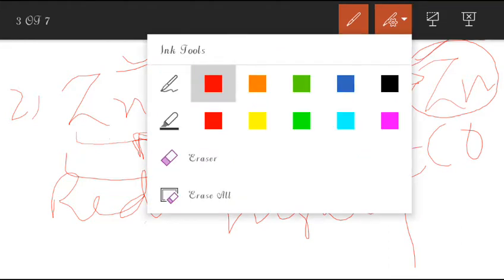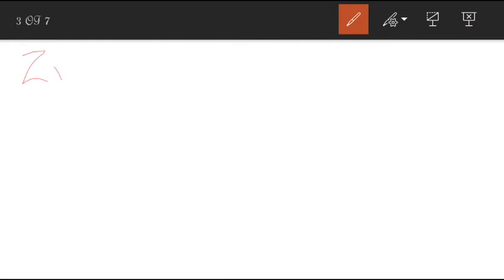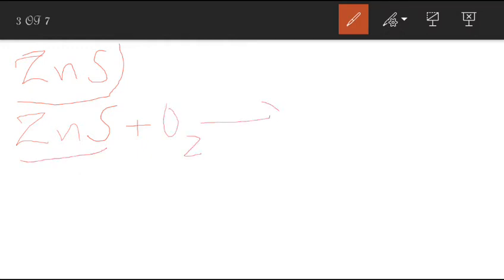Second, zinc is also present in the form of zinc sulfide, and its ore is called zinc blende. In the same way, in the first step, zinc sulfide is roasted. Calcination means heating of a carbonate in the absence of oxygen, and roasting means heating of a sulfide in the presence of oxygen. In this reaction, zinc sulfide reacts with oxygen and is converted into zinc oxide and sulfur dioxide.